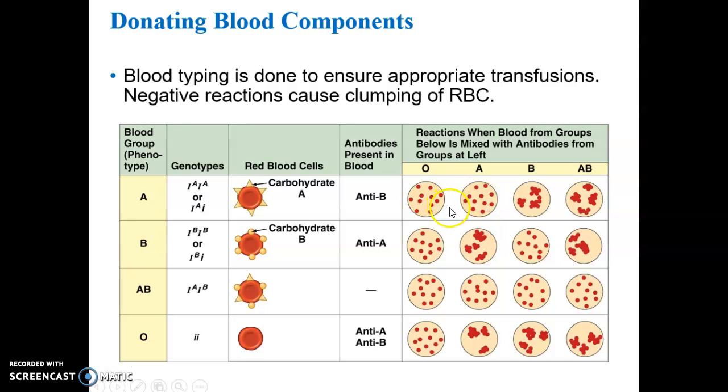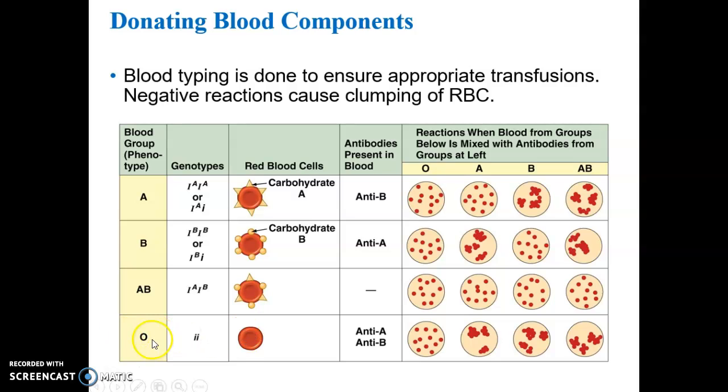Why is there no negative reaction with blood type O? Well, let's look. Blood type O, the donor red blood cells have no surface molecule. So since there's no surface molecule, the patient's anti-B antibodies have nothing to attack. All right?